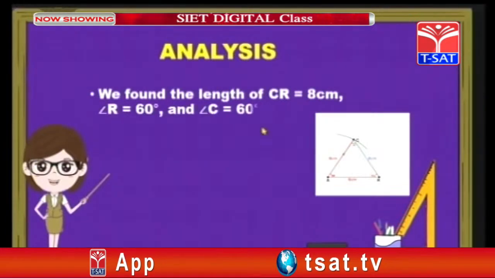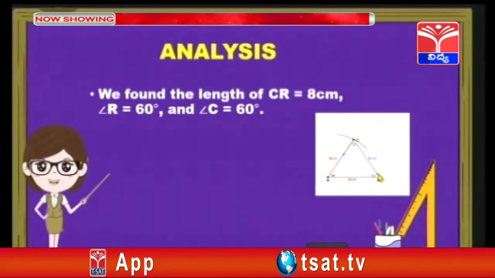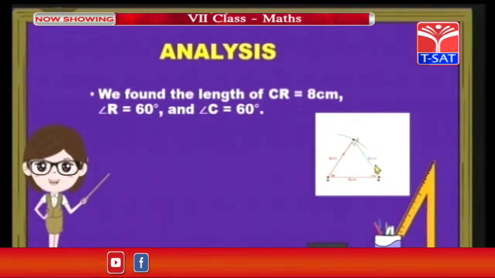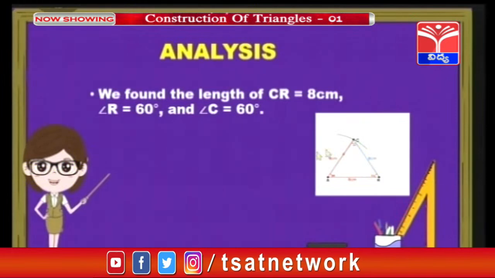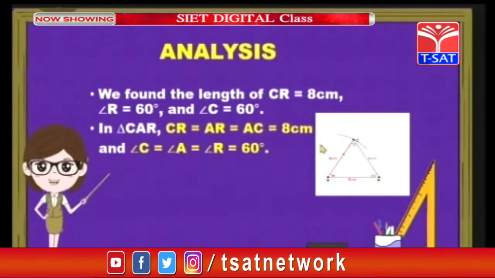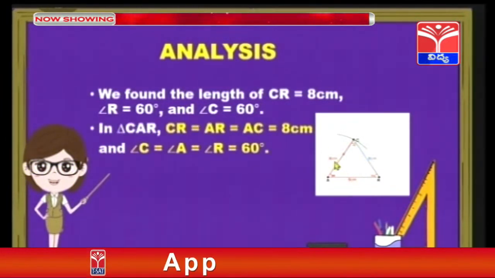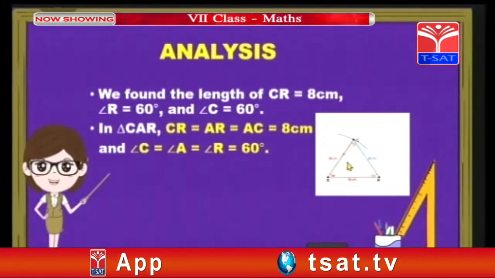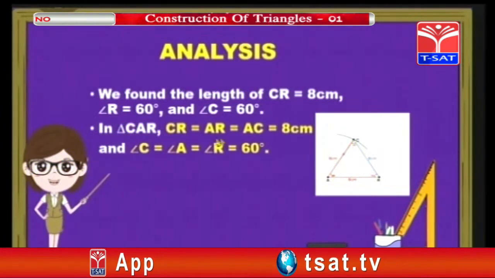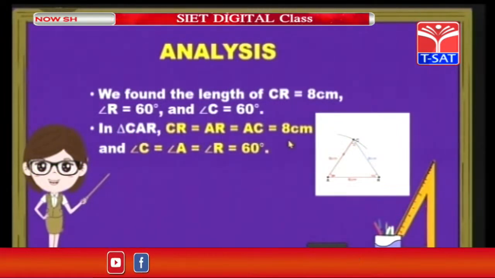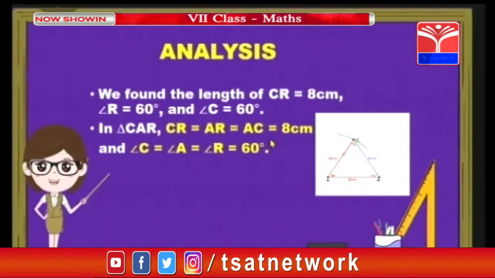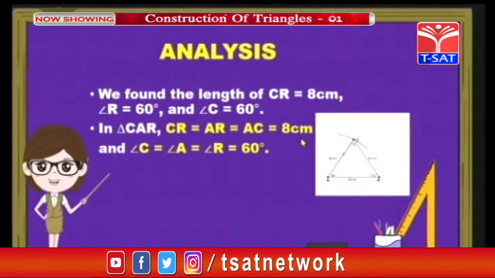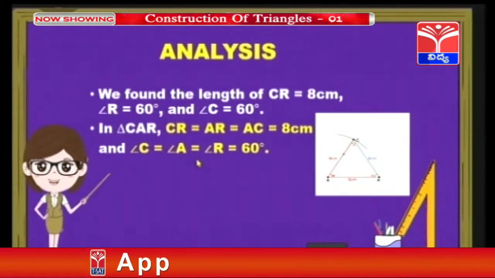Analysis. See, when we measured CR, we got the measurement of CR 8 centimeters and angle R is 60 degrees, angle C is 60 degrees. Already we know that it is an isosceles triangle, but after construction we came to a conclusion that CR, AR and AC are equal to 8 centimeters. All these three sides have an equal length of 8 centimeters and all angles are equal.